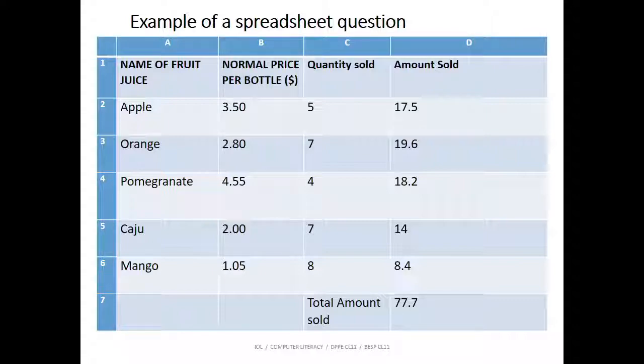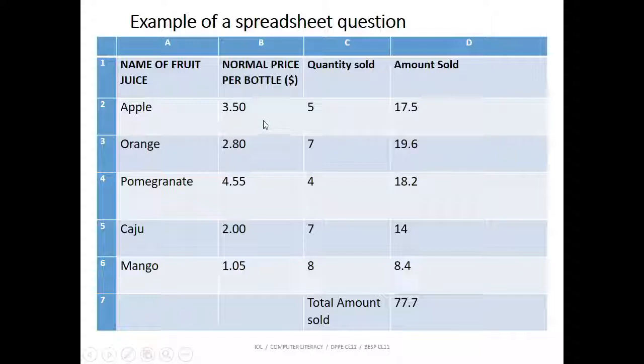There you have to think now as a student. Nobody does the thinking for you. What do you think I have done to get this 17.5? Common sense, that is not common in a common place at times, is this. Here says price per bottle. Here says quantity sold. Now, can you see the sense is coming now?